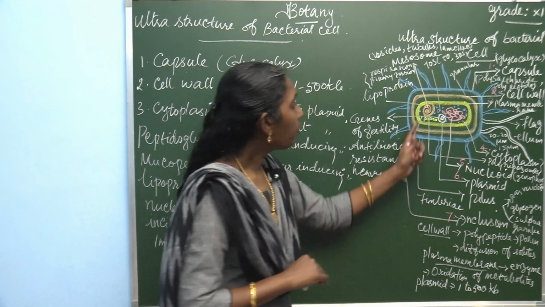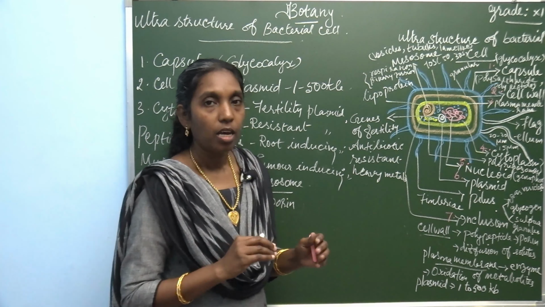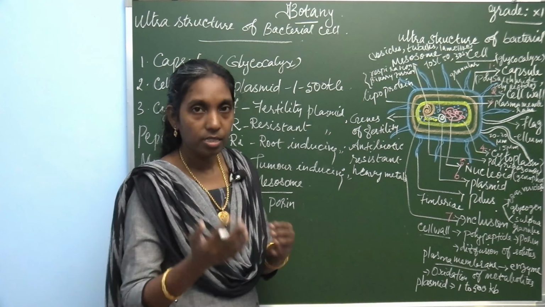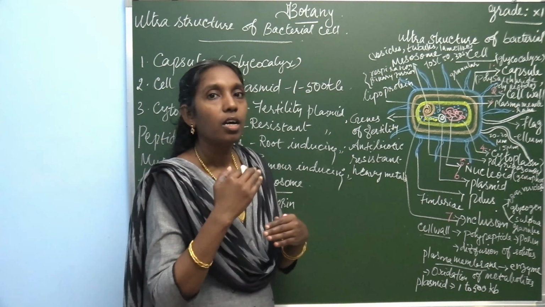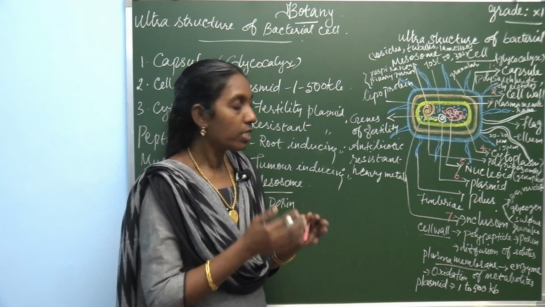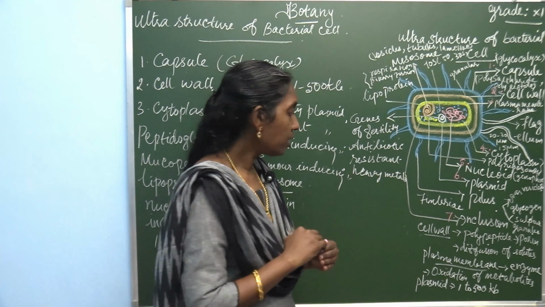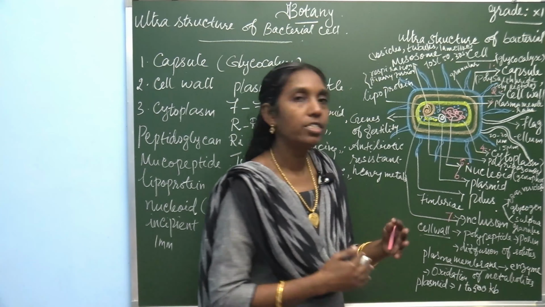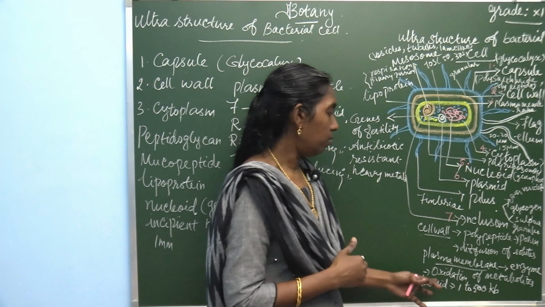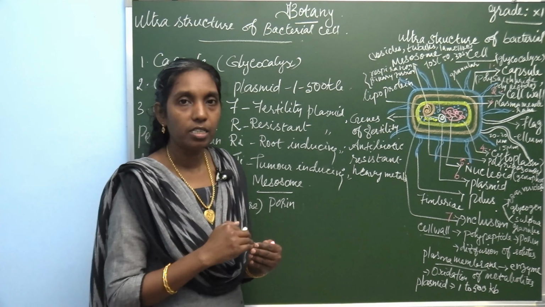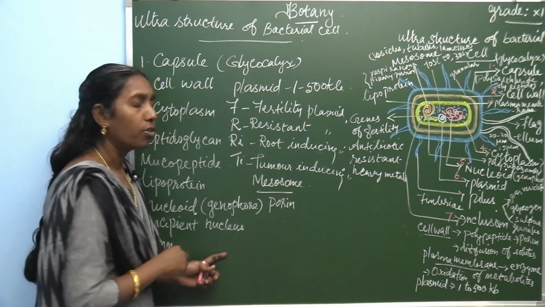Now, the plasma membrane also consists of some enzymes. The plasma membrane is semipermeable. It allows entry and exit of ions as well as small molecules. In addition to this, there are some enzymes which help in oxidation of metabolites at the time of respiration as well as photosynthesis.